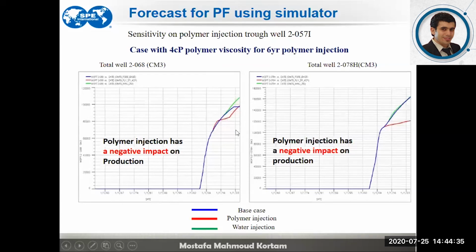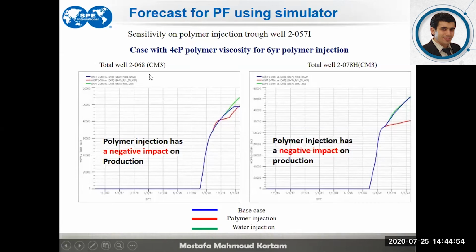How will be the outcome in terms of the daily oil production rate? So just reviewing the result of the cumulative production, the normal water injection is the green one, and the red one is the polymer.